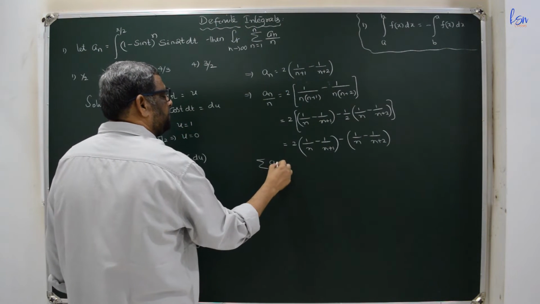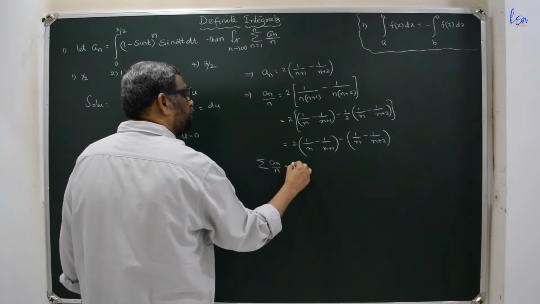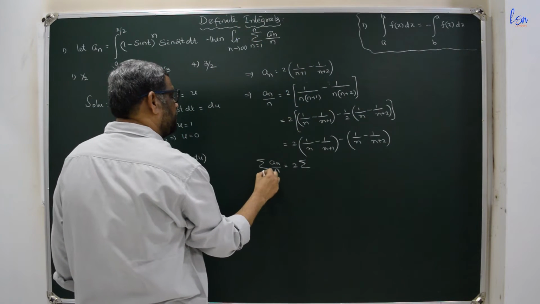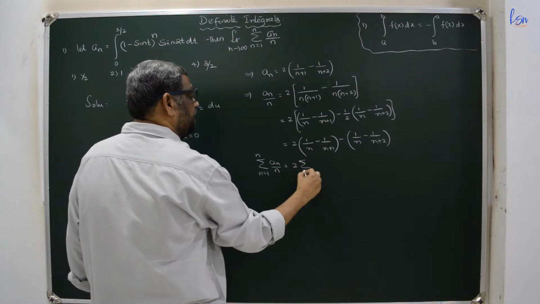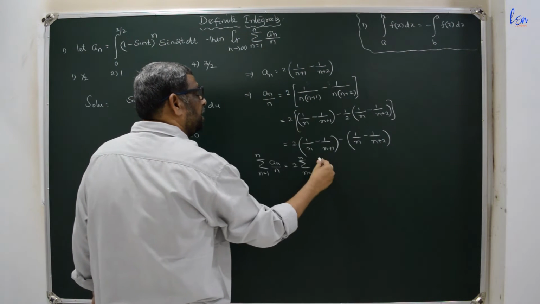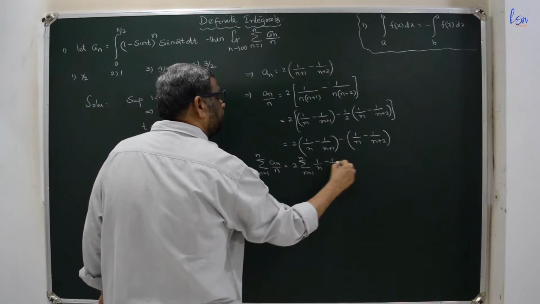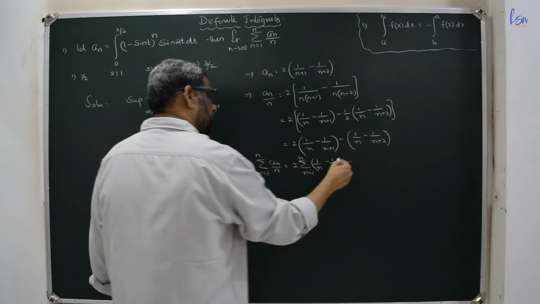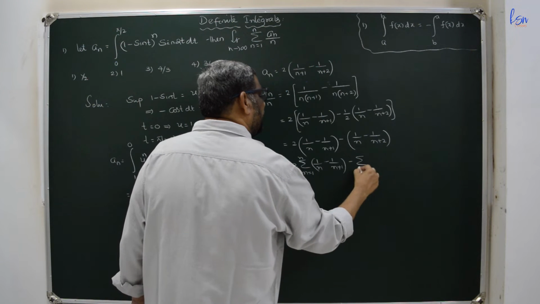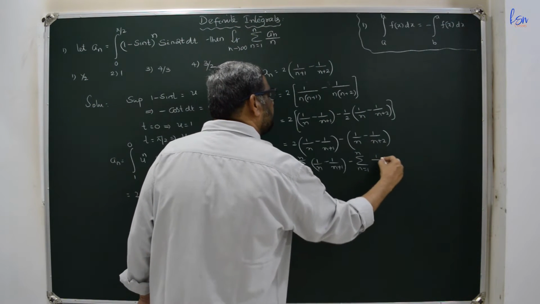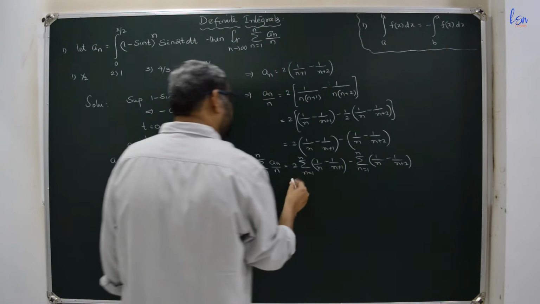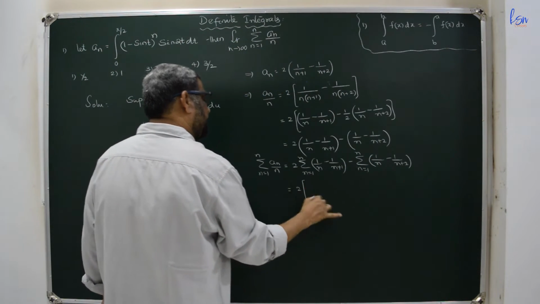You can apply sigma. Sigma a_n by n is equal to 2 into the sum from n equal to 1 to n of 1 by n minus 1 by n plus 1, minus the sum from n equal to 1 to n of 1 by n minus 1 by n plus 2. Now you can apply the sigma directly.